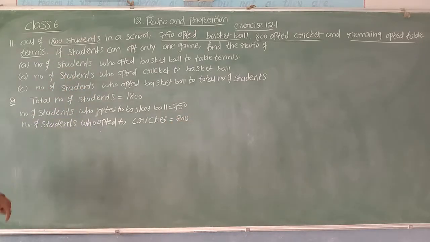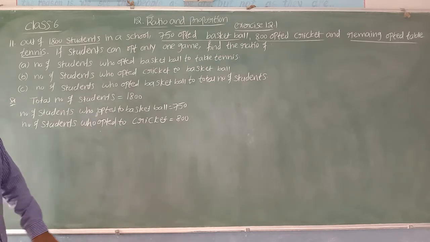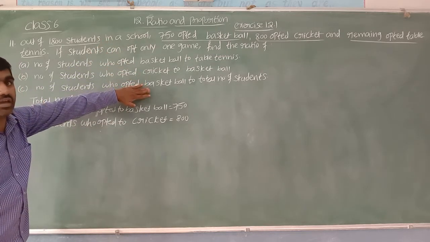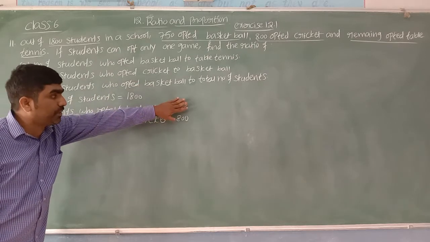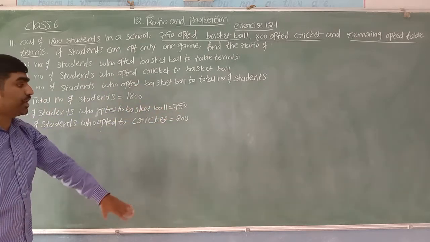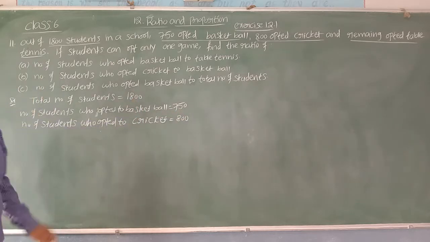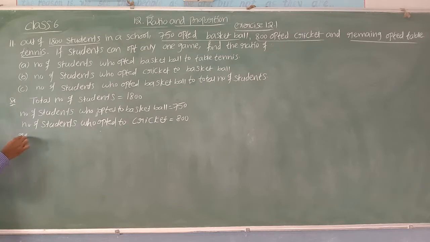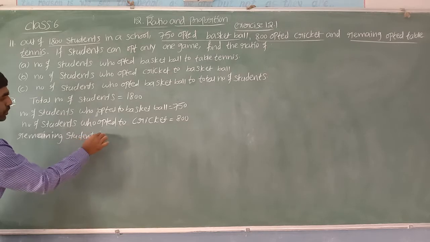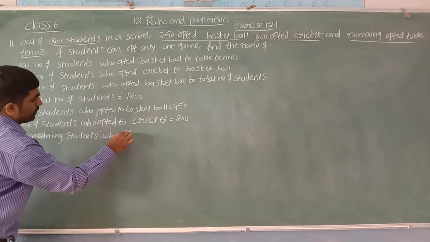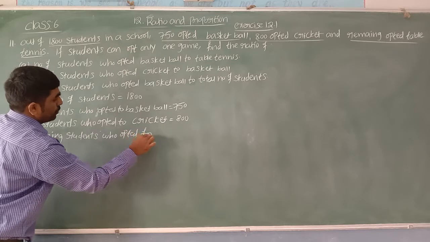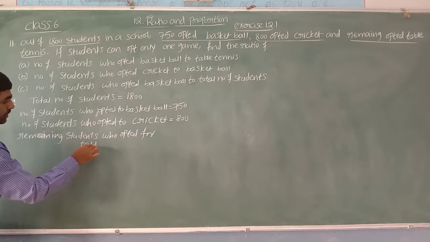And the remaining opted for table tennis. How can I find the remaining students? From the total 1800, you can subtract the students who opted for basketball, 750, and also subtract the students who opted for cricket. Then we get the remaining students who opted for table tennis. Now let me write here, remaining students who opted for the table tennis game.